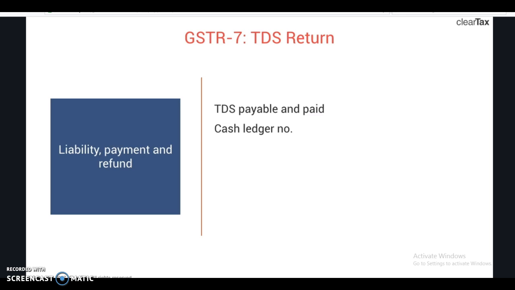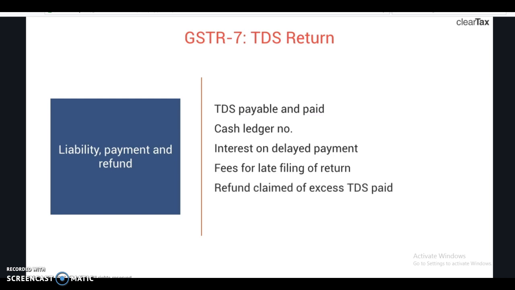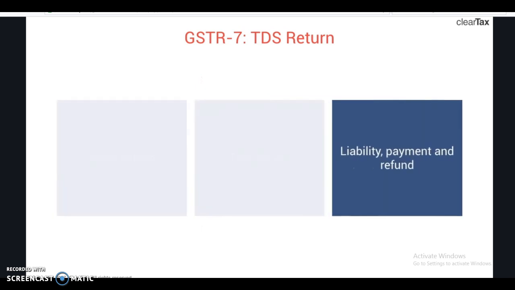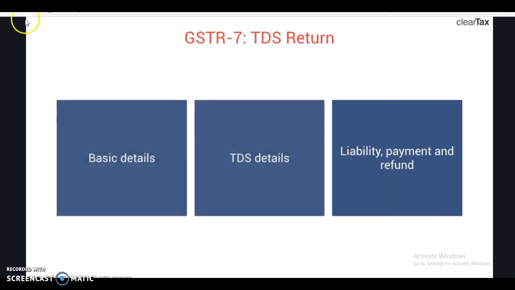You'll have to give that number, the interest, in case you have late paid the TDS, then the interest on such delayed payment, the fee for filing return late, late filing fee, that also has to be mentioned, and in case any refund for excess TDS paid is claimed, the details of such refund would also have to be mentioned. And that's all. It's a very simple and straightforward return, the TDS return, with only 3 broad headings, and we've seen all 3 of these.